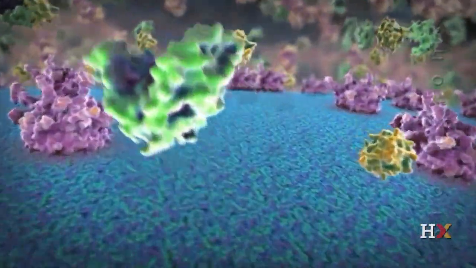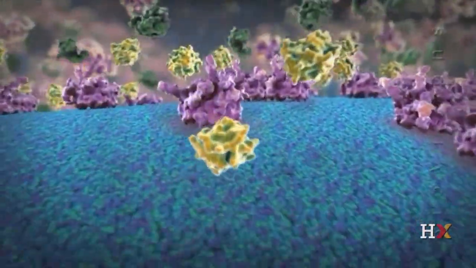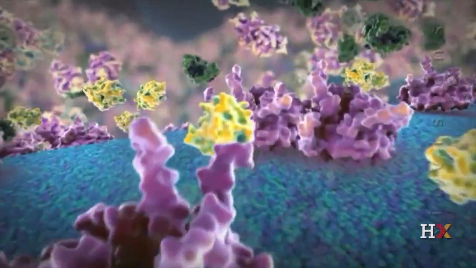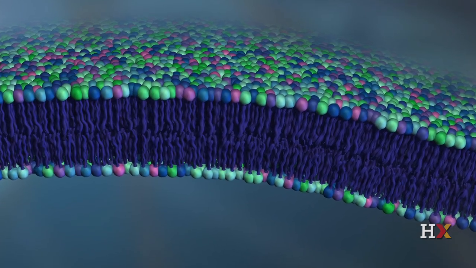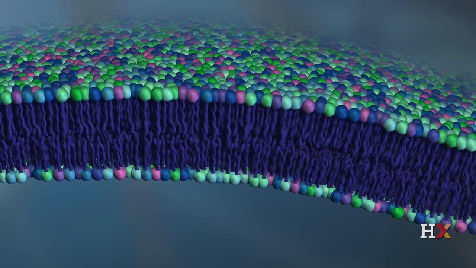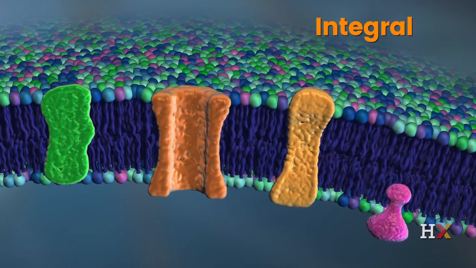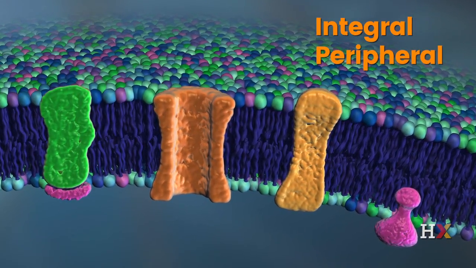In most mammalian cells, membrane proteins constitute 50% of the membrane by mass. There are some exceptions, such as the myelinated membranes of some neurons, in which case lipids constitute 80% of the membrane by mass. Membrane proteins can be classified into two groups in terms of their association with the bilayer: integral membrane proteins and peripheral membrane proteins.